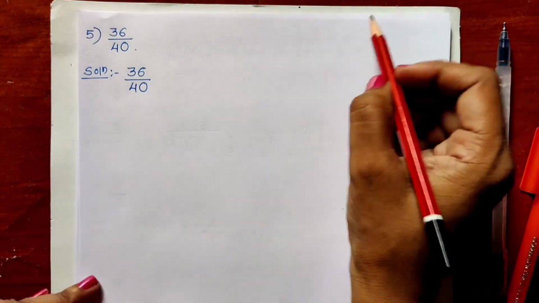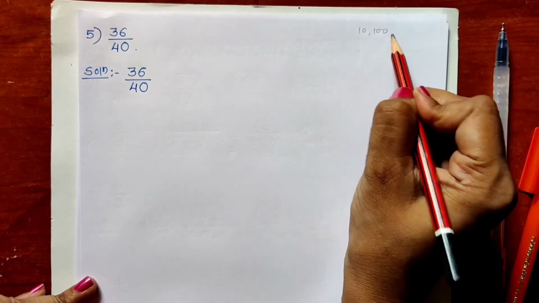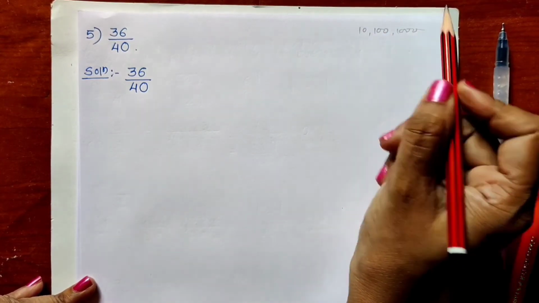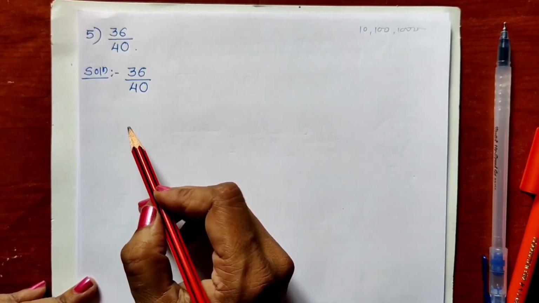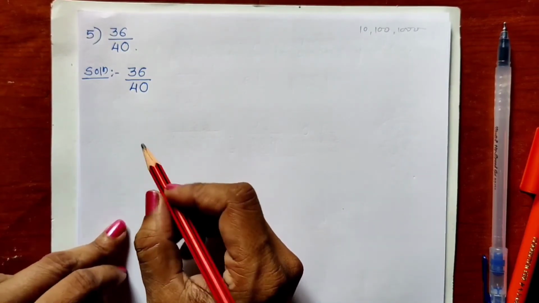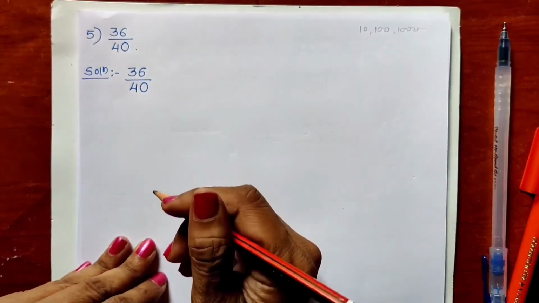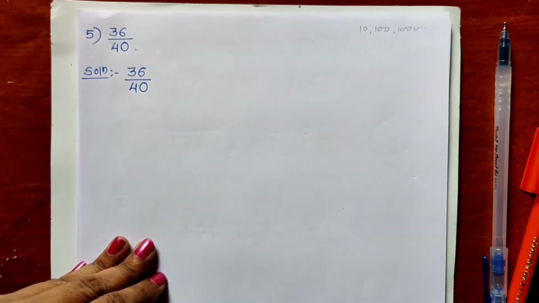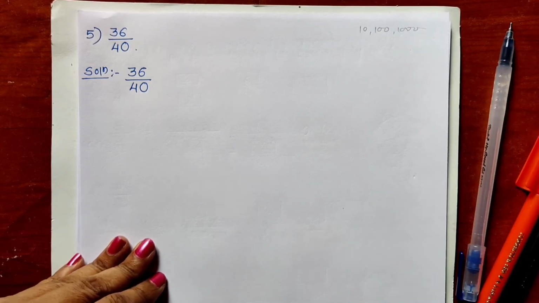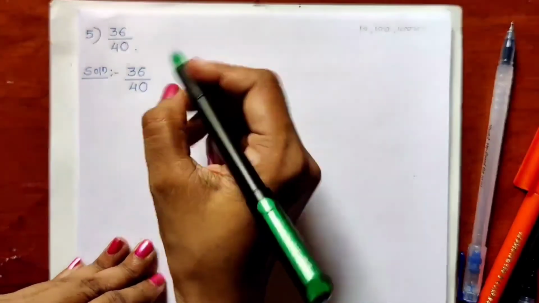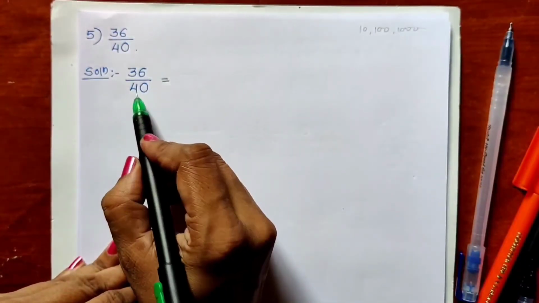Now next number is 36 upon 40. So what we have to see? We have to check whether we will get multiples of 10, 100, 1000, and so on. Now see children, every time it is not necessary that we will have to multiply and get the multiples of 10. Sometimes we can divide and get the multiple of 10. It is not necessary every time that you have to multiply the denominator. Sometimes we can divide also and get the answer 10. So here we can see 40 is there.